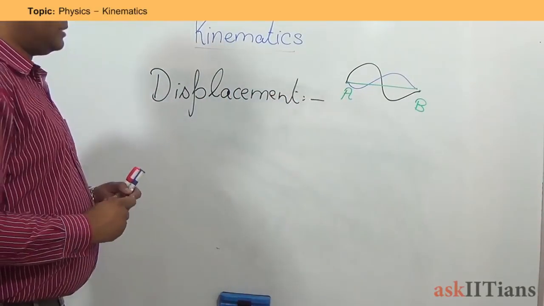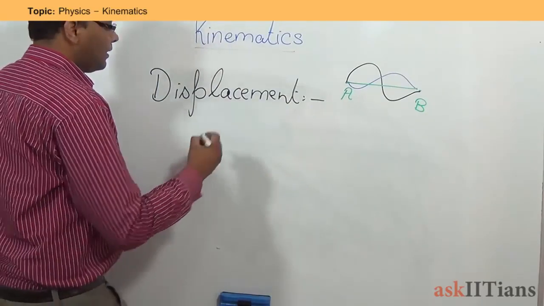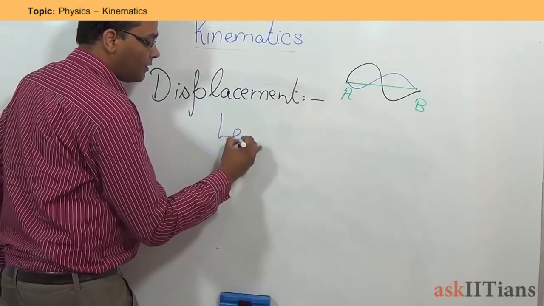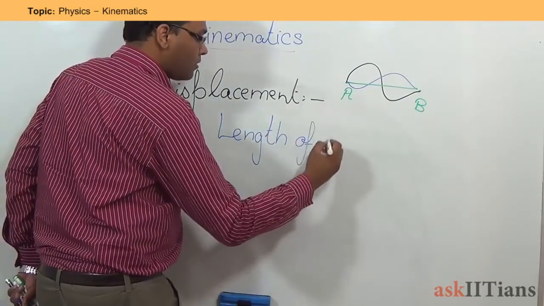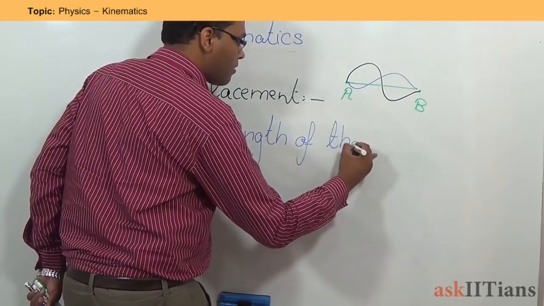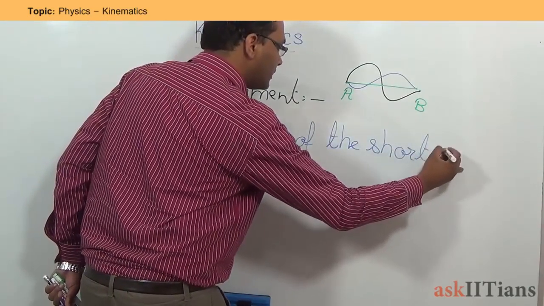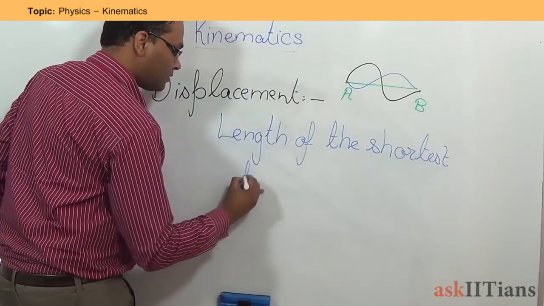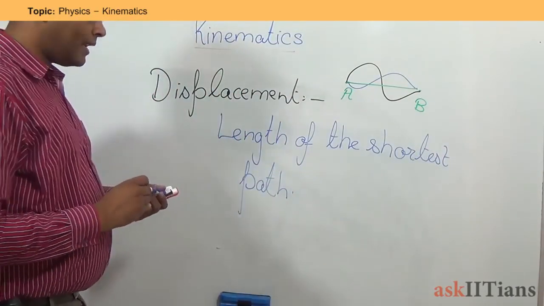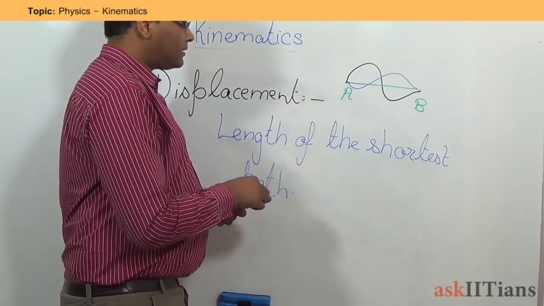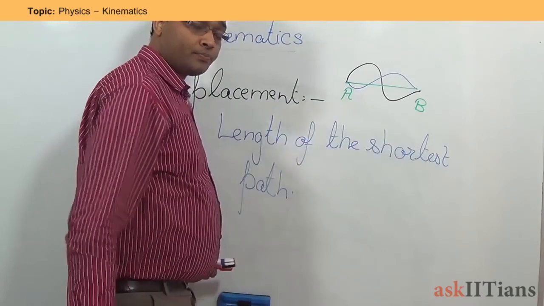Displacement is going to be defined as the length of the shortest path. As you can see, there can be only one single shortest path, which is the straight line path.